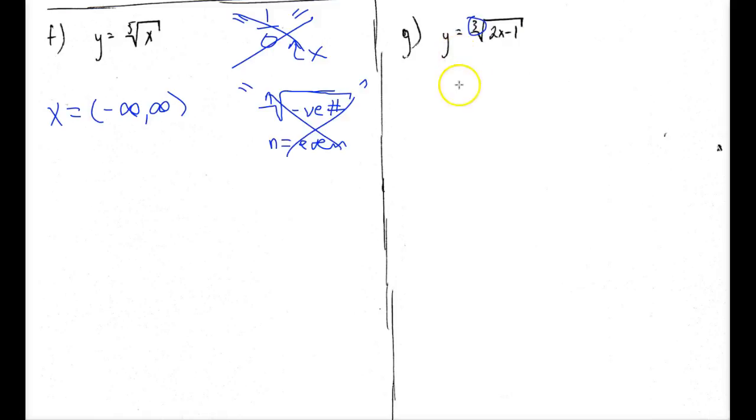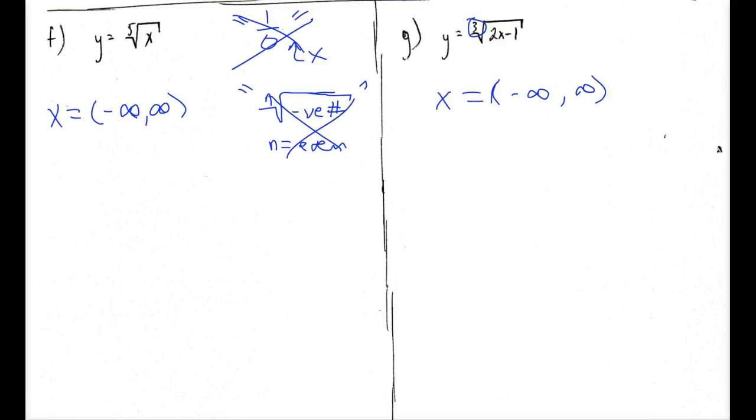The index is 3, which is odd, so that means our domain here is all real numbers as well. So these are the examples that I have, and hopefully I've done enough to give you an idea about how to look at regular algebraic functions to figure out what their domains are and how to write them in interval notation.